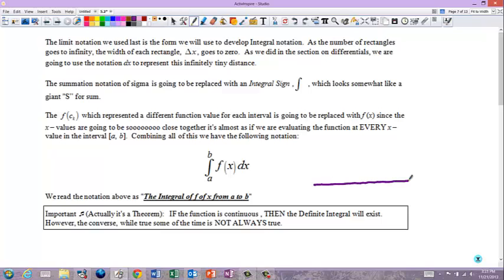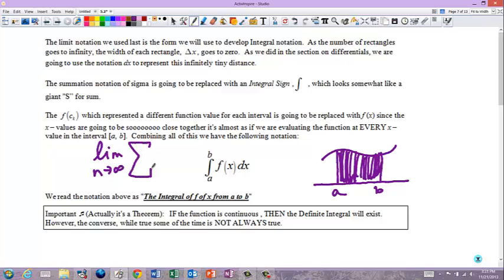As the number of rectangles from A to B goes to infinity, as I make all these rectangles, in other words, the limit as n approaches infinity, this is the sum. That's summation. And this is what was on that other page: the sum from k equals 1 to n, the number of rectangles, of f of c sub k times delta x.